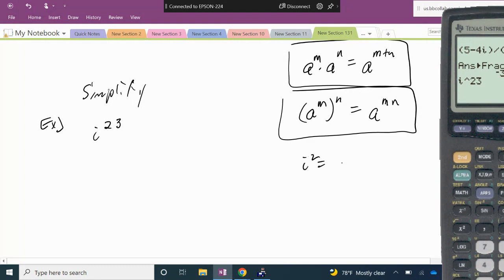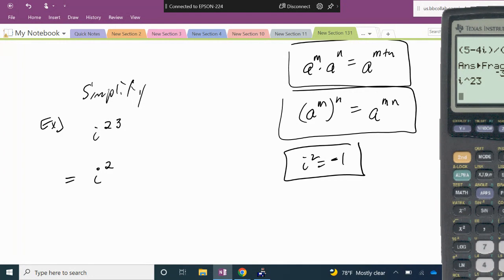I also want to keep in mind that i squared is -1. So I'm always going to start with i squared. I'm going to set this equal to i squared. Now I'm going to have to build this up until I get to i to the 23rd power.